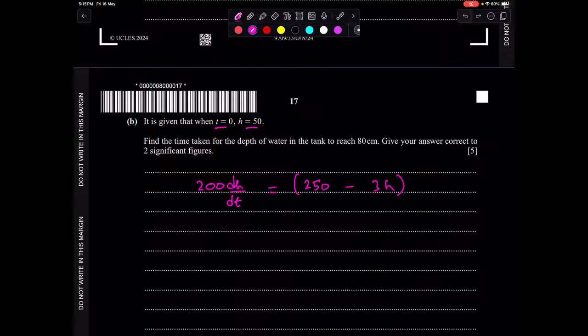So 200 upon 250 minus 3h dh equals dt. Now taking sign of integral on both sides.